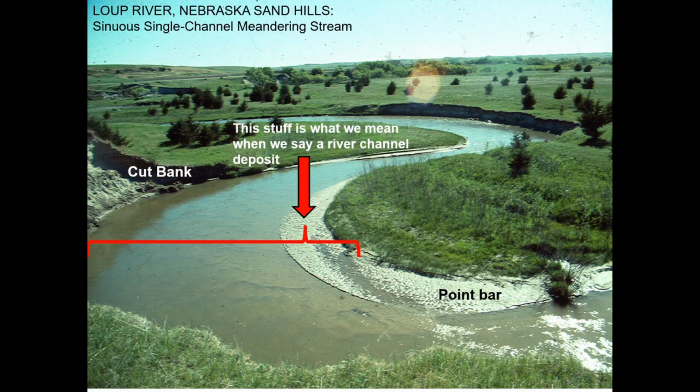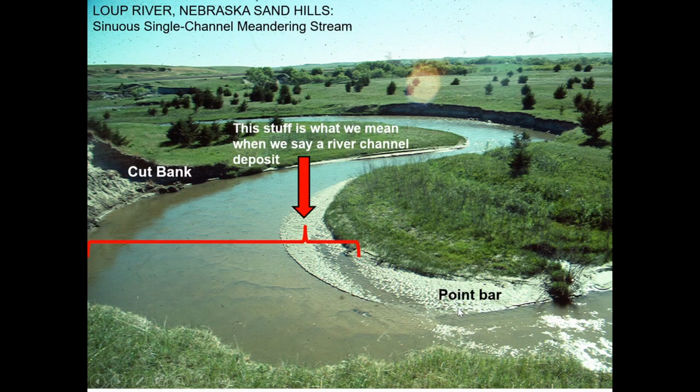So here, let's see, this is the point bar, and then this is a river. The river channel is from here to here, and the river channel deposit will be this point bar. We call the river channel deposit a point bar.